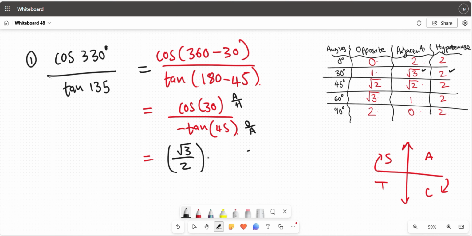That is being divided by the negative of tan 45, that guy divided by that guy, root 2 over root 2. So this just becomes a negative 1, and if you divide anything by a negative 1, you will get that same thing but with a negative sign. And that is our final answer.